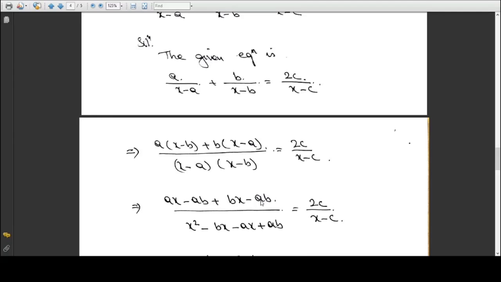It's just to look nice only, because the product of these two, a multiplied by b and b multiplied by a, is the same. Now in the denominator we have x multiplied by x, x square, then plus, and with this minus, x multiplied by b, bx.